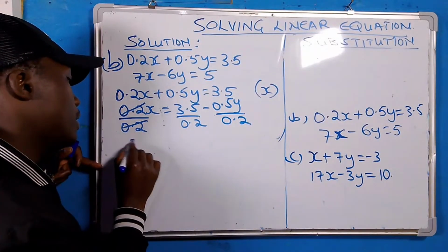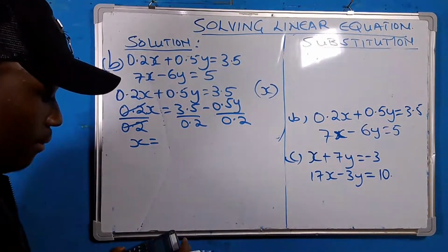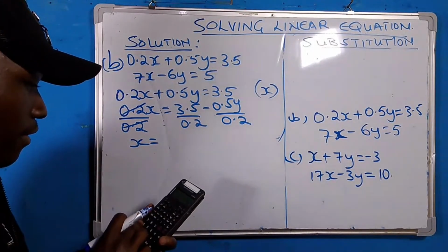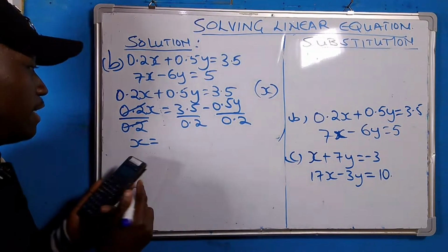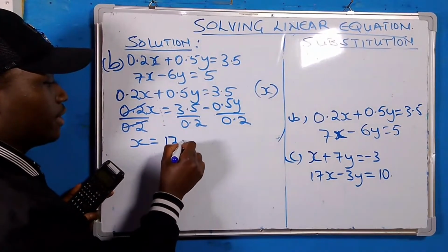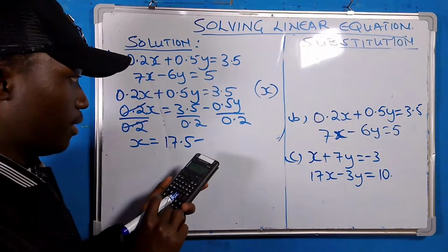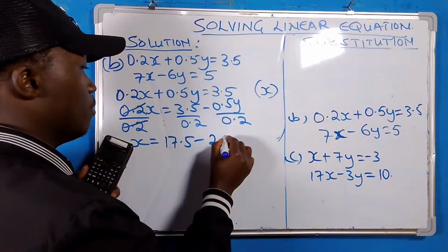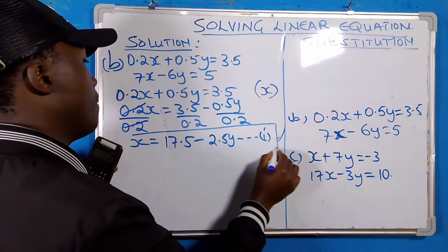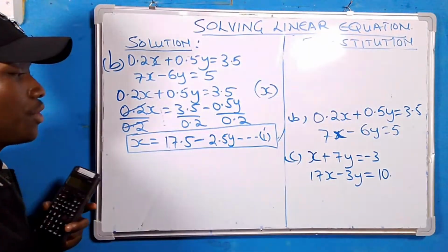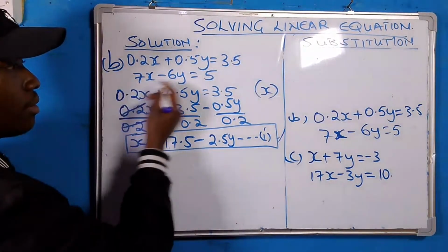Once we divide, we get x is equal to, using a calculator, 3.5 divided by 0.2, which gives us 17.5, minus 0.5 divided by 0.2, which gives us 2.5y. That will be our equation number 1. Getting this as our equation number 1, we will now substitute it into our second equation.